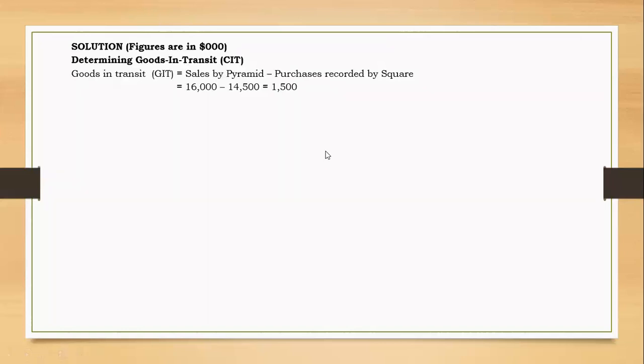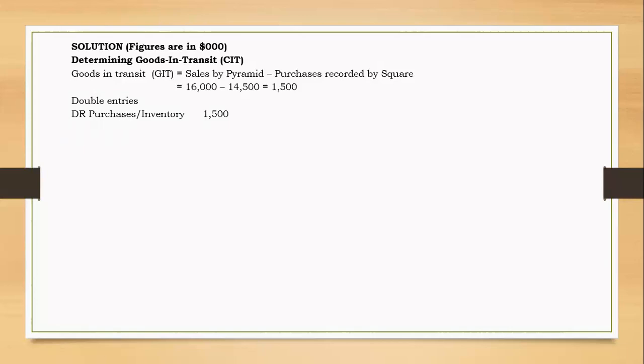So this is 1,500, and that should be our goods in transit. Now, what do we do? As I told you earlier, since Square had not recorded this, Square should pass the journal entries to accommodate this figure. So we presume that Square has recorded the purchases, which we are told were not entered into the inventory balance.